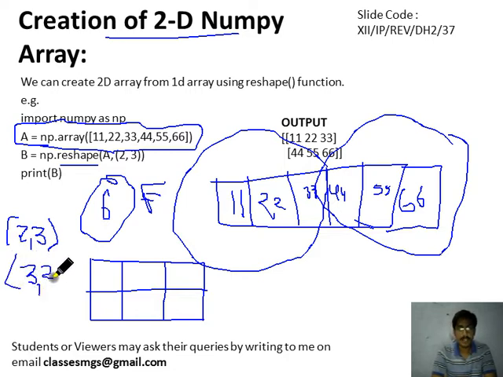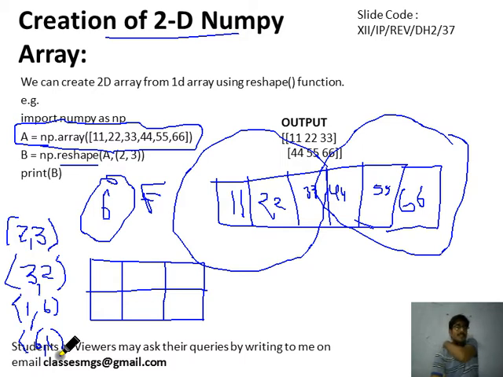So these are the two ways. Another possibility is 1 comma 6, and 6 comma 1. A shape is possible only if the multiplication of the number of rows and the number of columns equals the number of elements in the one-dimensional array. Then only this one-dimensional NumPy array will be reshapeable.